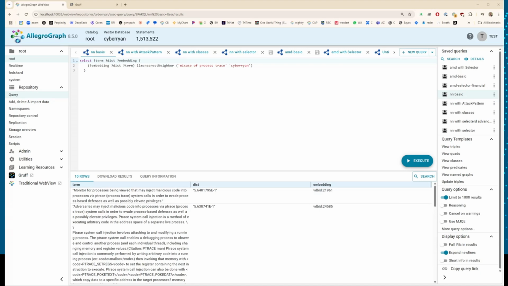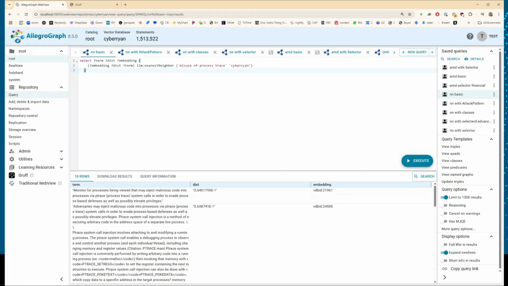Basically, we take every string, we send it to an LLM like OpenAI or Claude, and we get a vector back, and that is the thing that we call an embedding. So here is an example, something I just came up with: "misuse of process trace," just a single string.